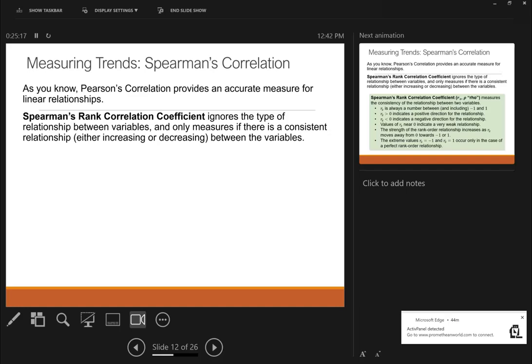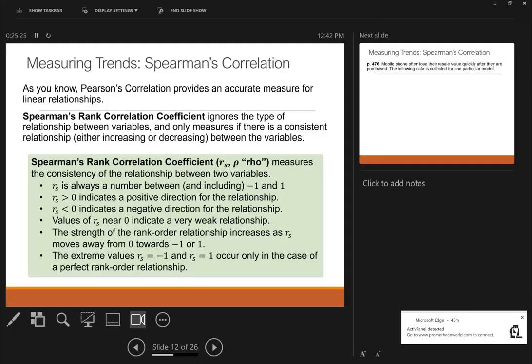And we abbreviate that with the letter R sub S, or the Greek letter rho. The difference is that the Pearson statistic is good for only linear relationships. It's only going to describe the strength of a linear relationship.